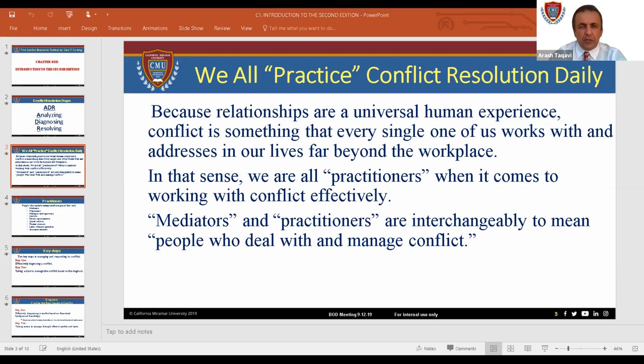Sometimes, technically, they are a little different. Not all conflict management practitioners or conflict resolution practitioners are mediators. Mediators are somebody different from practitioners, but totally they do the same work.